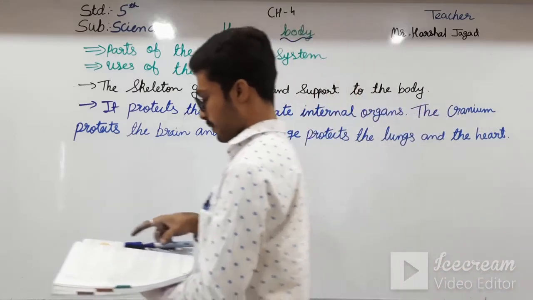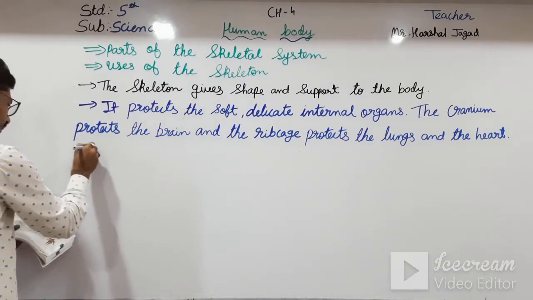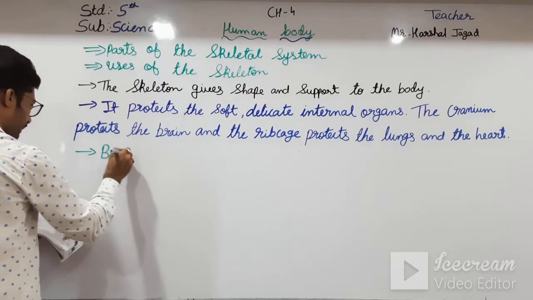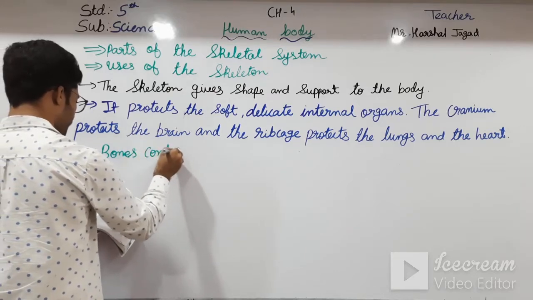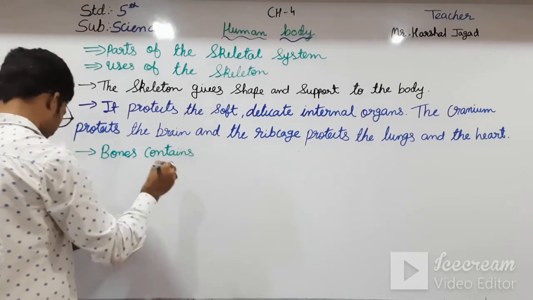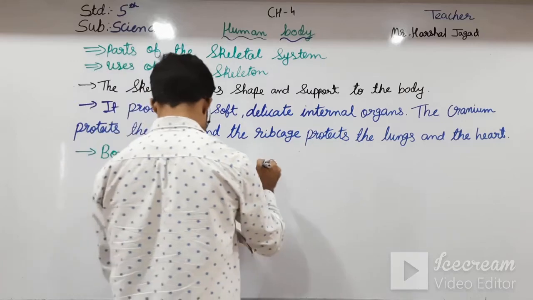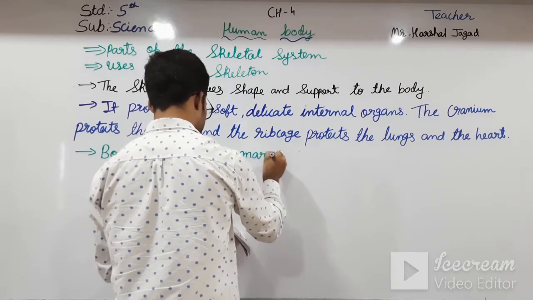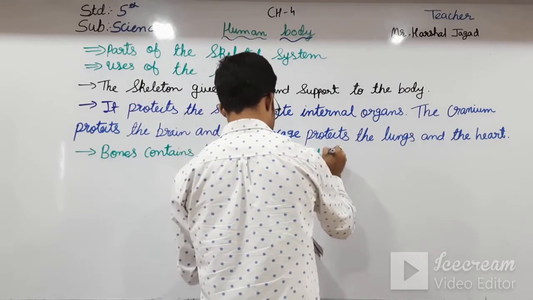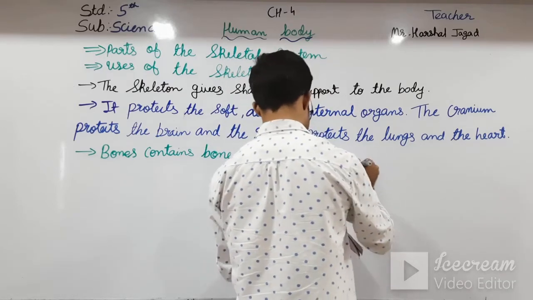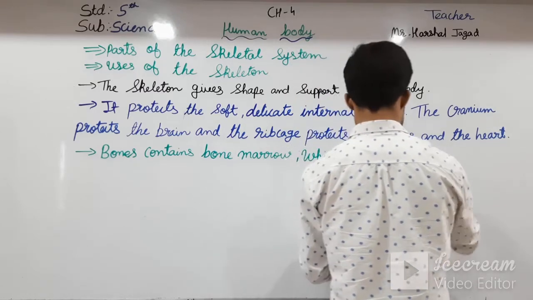Okay students, so the third one is bones contain bone marrow which produces red blood cells.